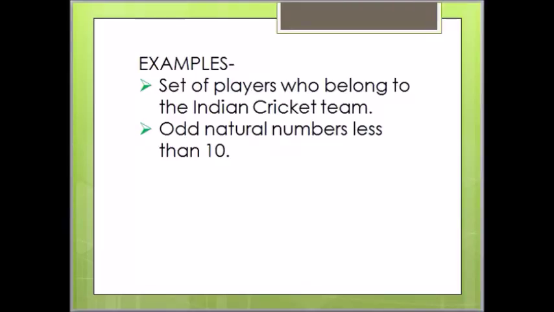What is it? That the numbers are odd natural number and less than 10. So you will have 1, 3, 5, 7 and 9 in this second set. So the elements of a set have a common property and which is well defined.